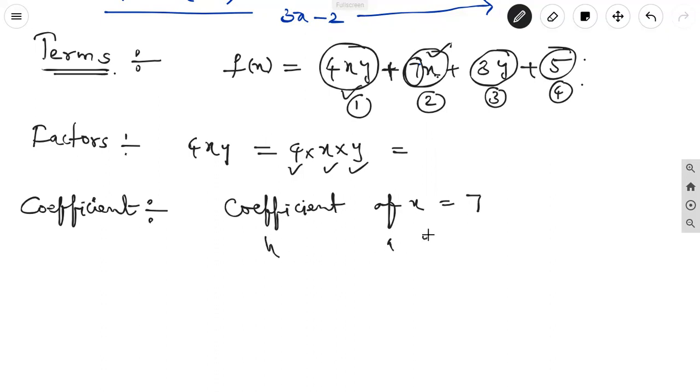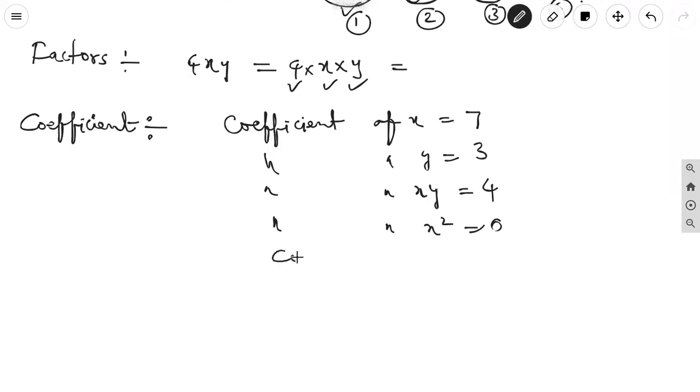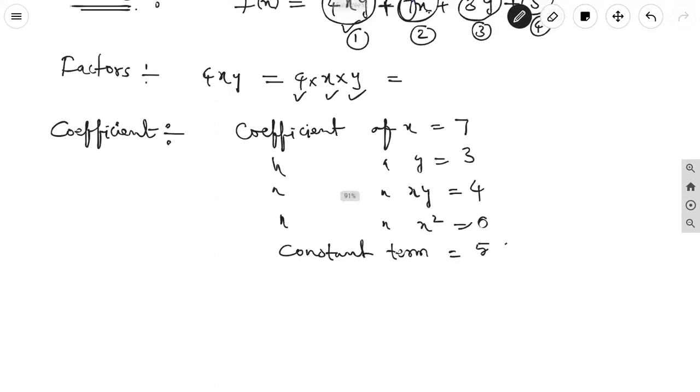In the same way, the coefficient of y, the numeral multiple of y, is 3. What is the coefficient of xy? The coefficient of xy is 4. If they ask what is the coefficient of x squared, there is no x squared term, so 0 is the coefficient of x squared. What is the constant term? The constant term is equal to 5. These are the coefficients.